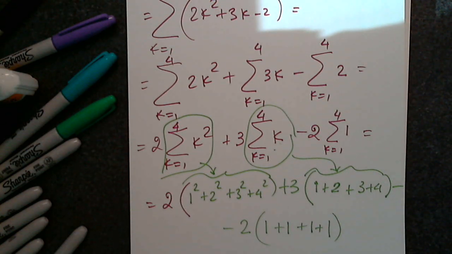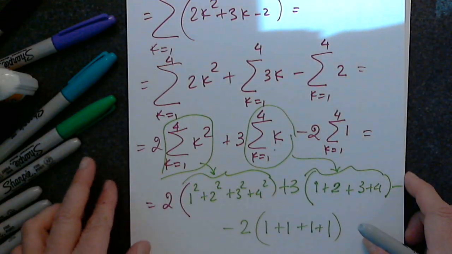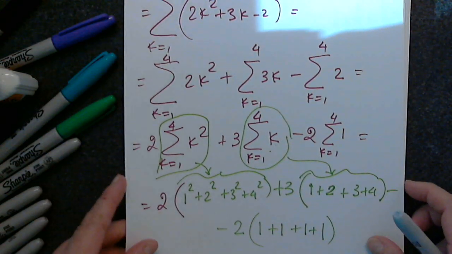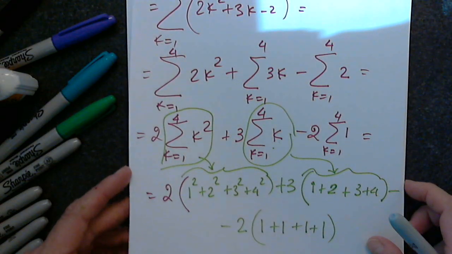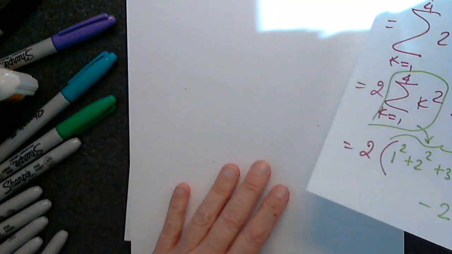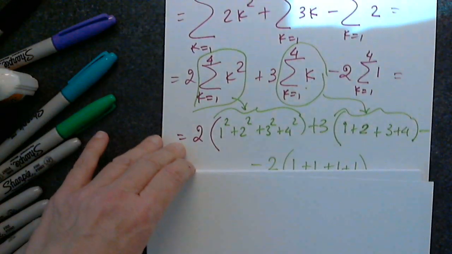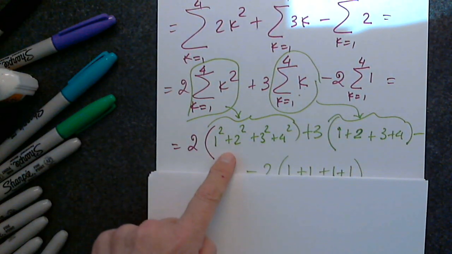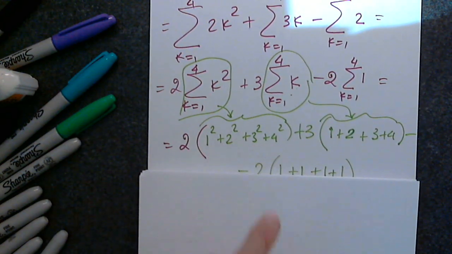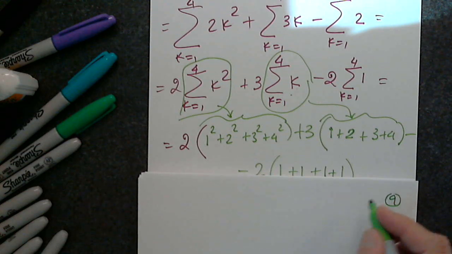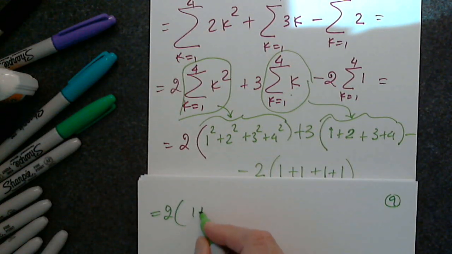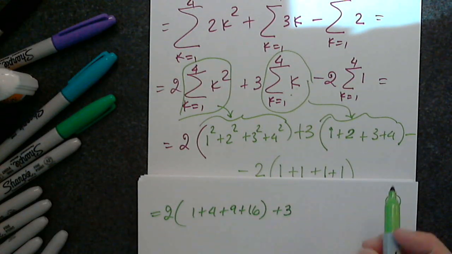Okay, so then the final stage in which we perform all these calculations. So how much is 1 squared? So this is 1 plus 4 plus 9 plus 16. So let's write that: 2 times (1 plus 4 plus 9 plus 16) plus 3 times (1 plus 2 plus 3 plus 4).